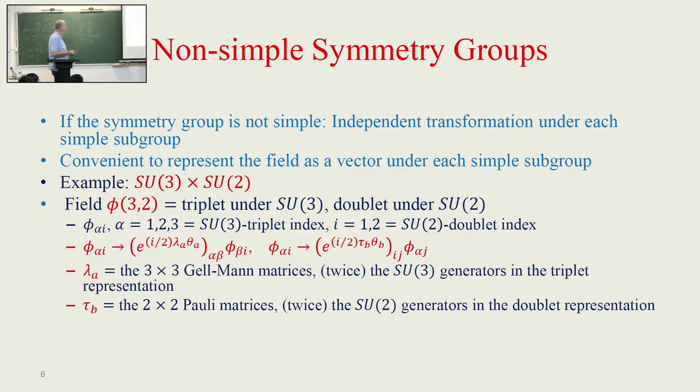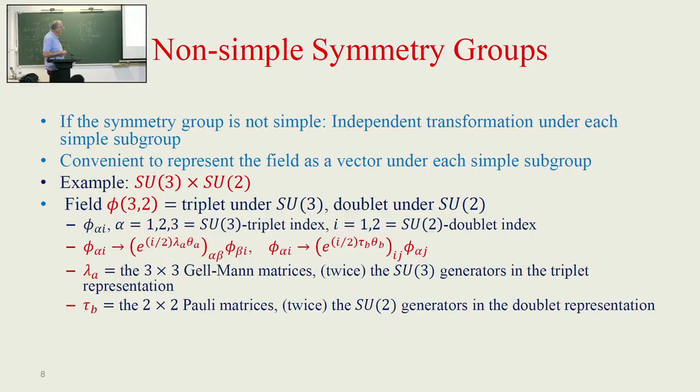For example, for a triplet under the SU(3) and a doublet under the SU(2), the notation is phi (3, 2). 3 is the size of the representation, or the name of the representation under the first factor in the product group, and the second number is the representation under the second group in this product group.